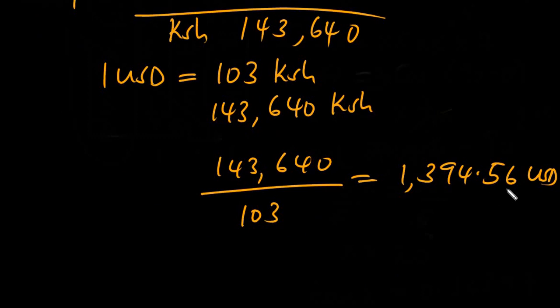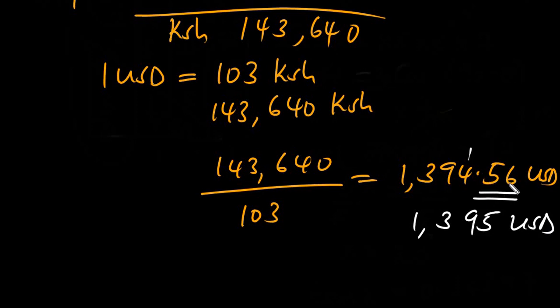But going back to the question, we are required to give our answer to the nearest dollar. So 0.56 is more than half of a dollar, so we're going to round it off to the nearest dollar, or add $1 here, so that we have 1,395 US dollars.